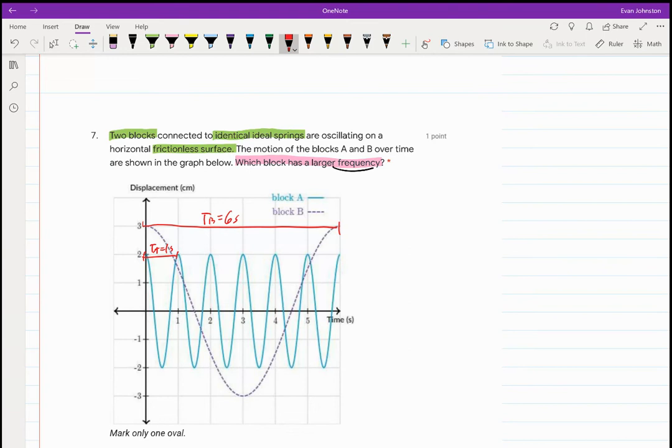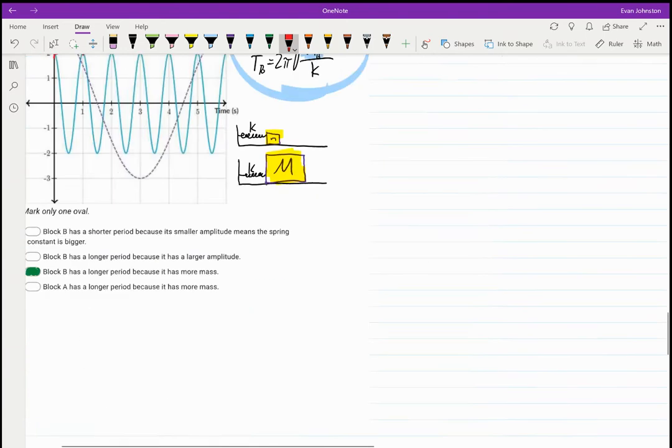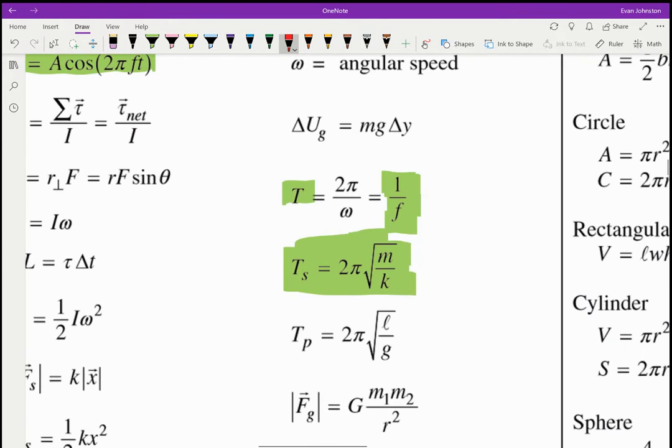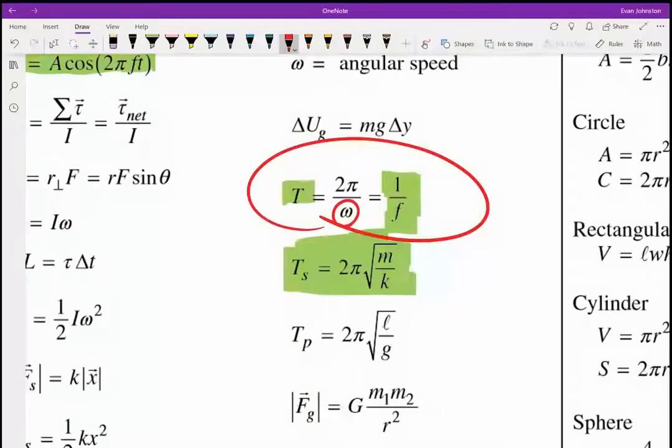And now, we know from that other equation on our equation sheet way up here that period is the same as 1 over the frequency. Or if you were trying to find an angular velocity, you could relate that too, but we don't need that now. We just know the period and it's talking about frequency.